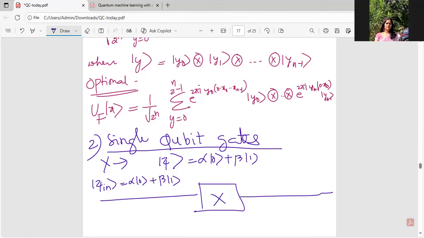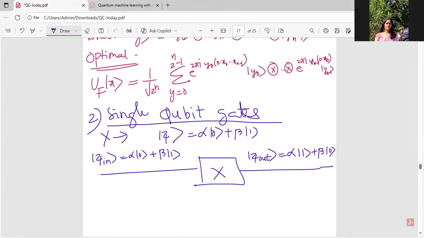Ket xi out. How does it come, guys? There is a bit flip. The 0 bit flips to 1 and 1 bit flips to 0. This is how I should write.